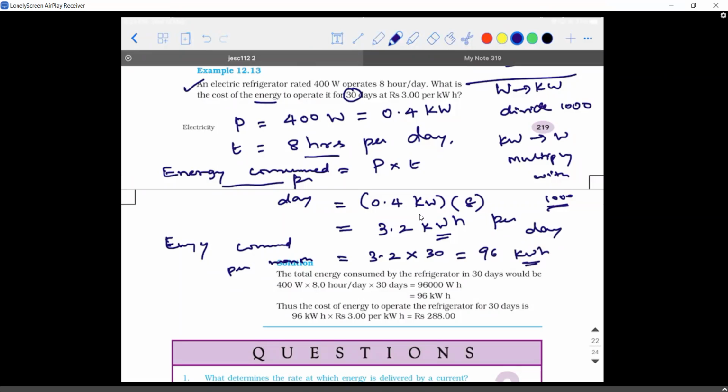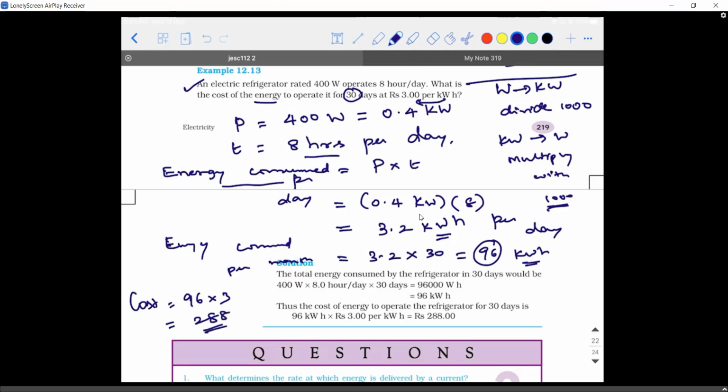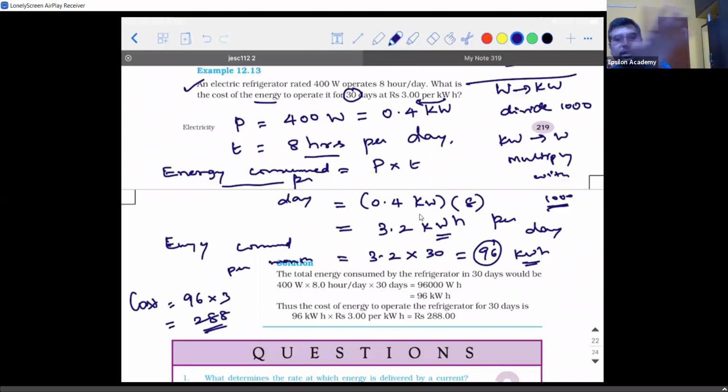So it consumes 96 kilowatt hour for 30 days, where you run it for 8 hours each day. 1 kilowatt hour costs 3 rupees, so 96 kilowatt hour will cost you 96 into 3 rupees. It is 288 rupees. So for the fridge alone, you're paying 288 rupees to the government. Is it clear?